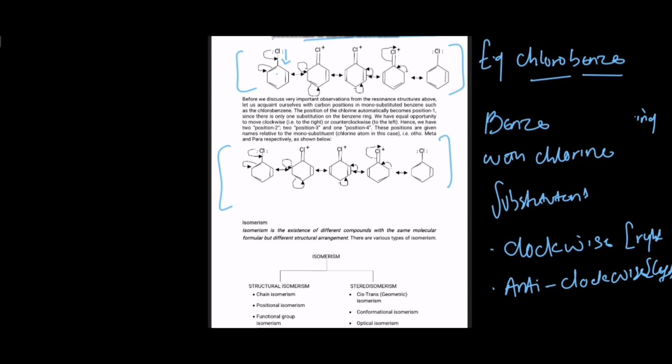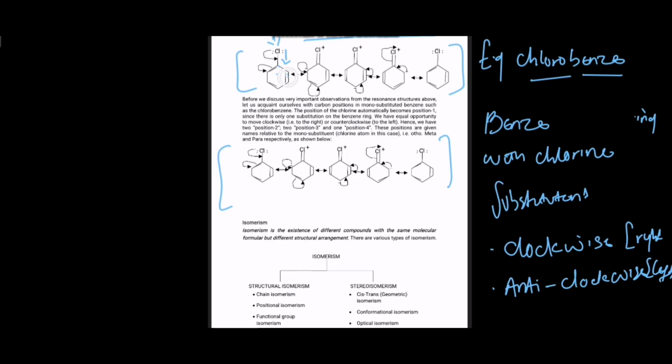Yes, chlorine at position 1. Let's take the chlorine at position 1, right? Now the carbons next to it on both sides are at position 2. Look at it, this is 1, this is 2.